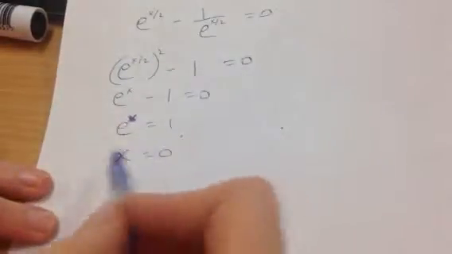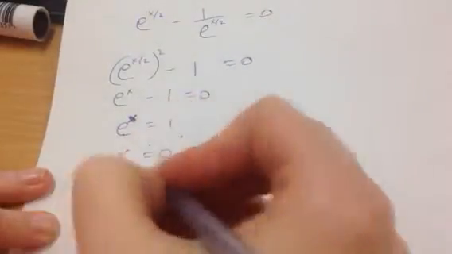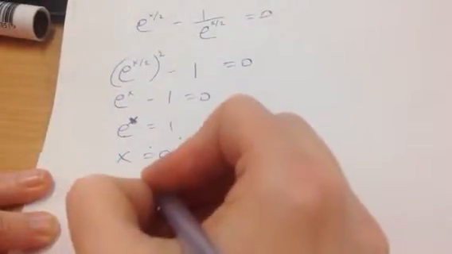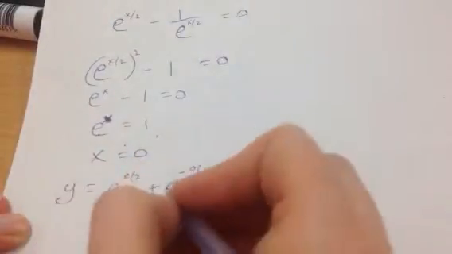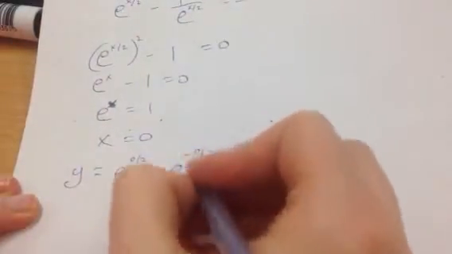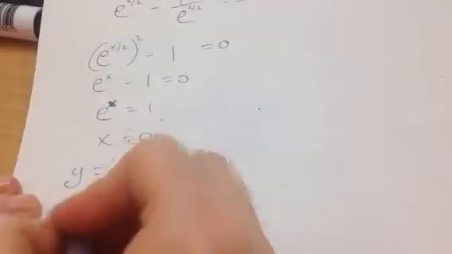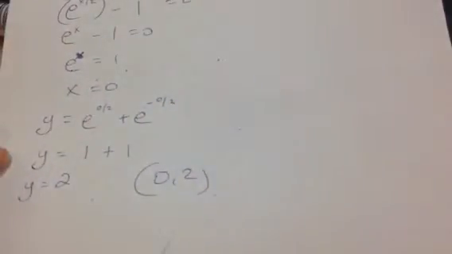So I am right so far that x is 0, and I go back and get y. y is equal to e to the 0 over 2 plus e to the minus 0 over 2. That's e to the 0 plus e to the 0. Anything to the power of 0 is 1, so y is equal to 2. So I know that I'm right: the point (0, 2) is the minimum point on my graph.